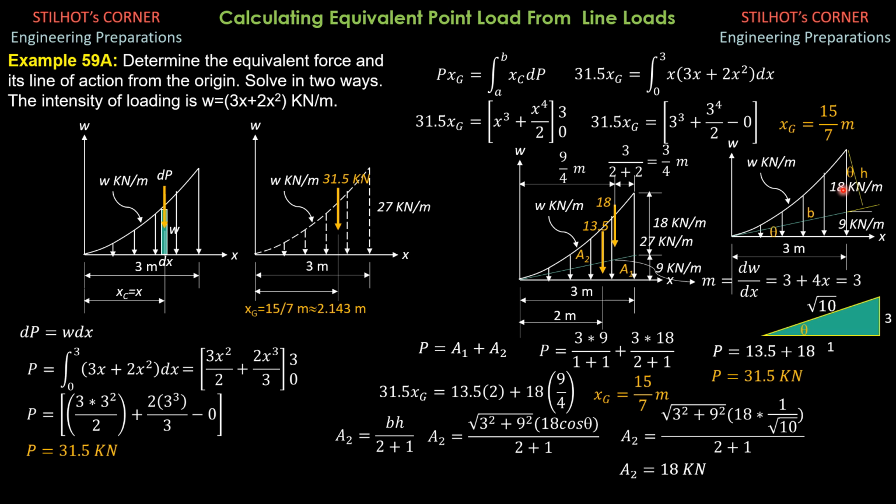This height h is 18 times cosine of theta, because we have a right angle, h is perpendicular to this extension of b. So 18 cosine of theta, and cosine of theta here is equal to 1 over square root of 10.